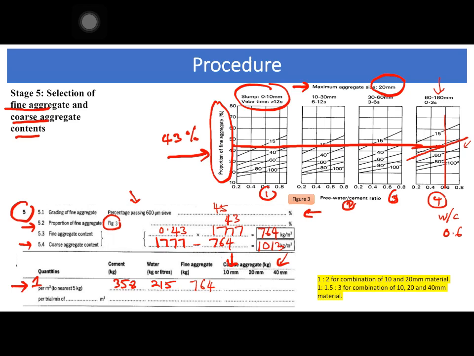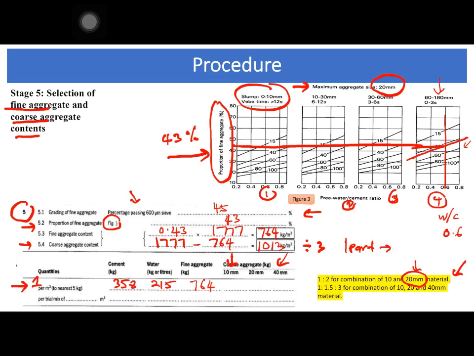But what is the ratio? Here, you may refer here. So let's say we have maximum 20 mm. So the ratio of 10 is 1 to 2, so it means that we need to divide by 3 here.